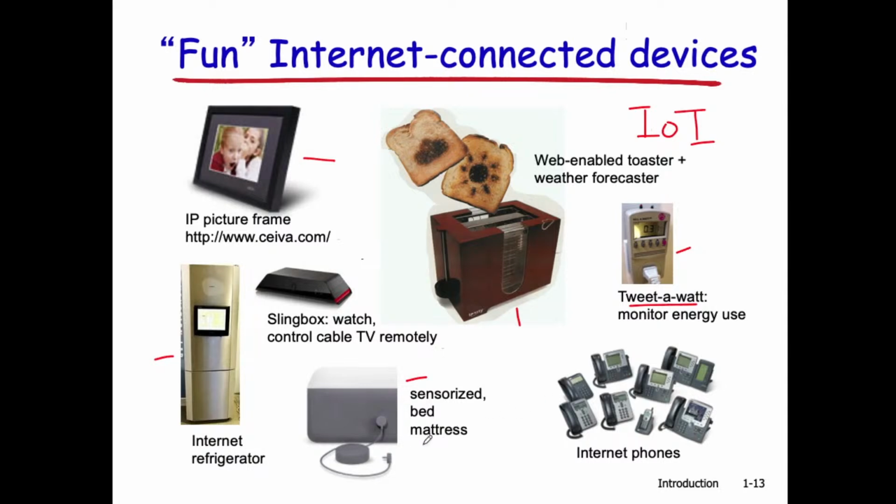Smart mattress, right? So this mattress can sense how you sleep overnight and provide some feedback to you. This can further be made into something a little bit robotic, not just capable of sensing, and so try to adjust the firmness of the mattress to ensure you have a good sleep.